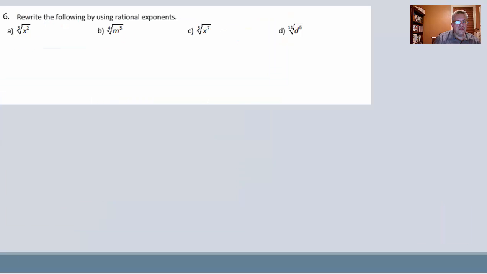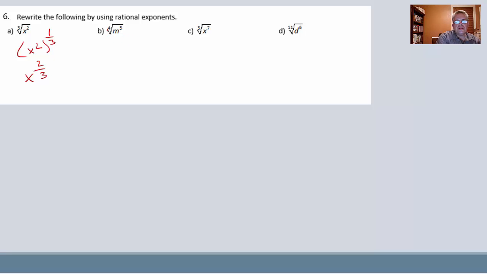Okay. I got the last set of examples here. We want to go backwards. We want to write these radical expressions as x to some power. We want to write them with rational exponents. Okay, so we could think of this as x squared. We're taking the cube root of that, so that's the same as the 1/3 power. And a power to a power, we multiply: x to the 2/3.